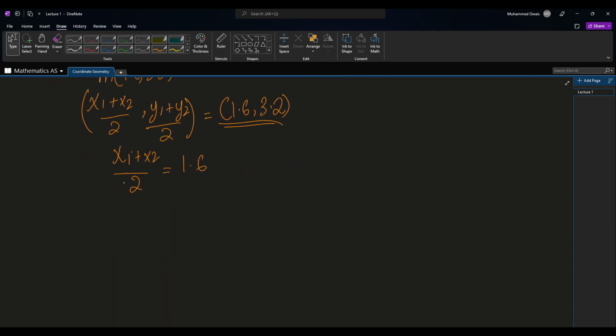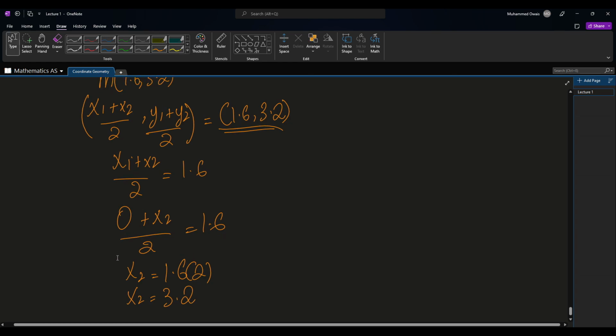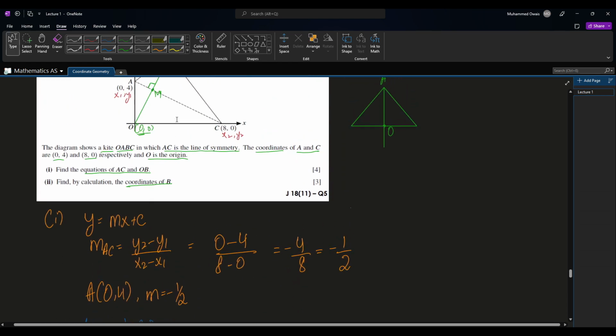So you can say that 0 plus x2 over 2 equals 1.6. Now then, all you have to do is bring this 2 over to this side. x2 equals 1.6 into 2. So x2 becomes 3.2, right? We found the x coordinate of B.